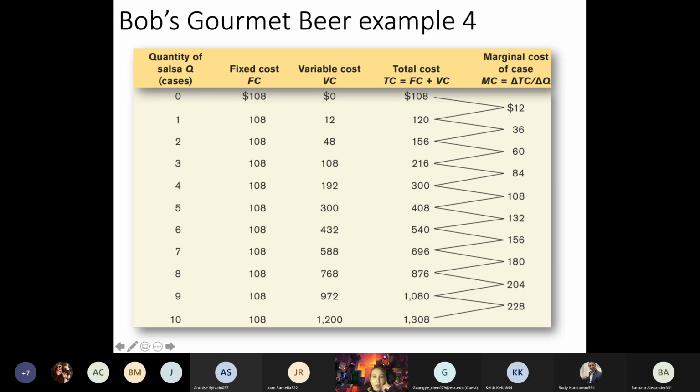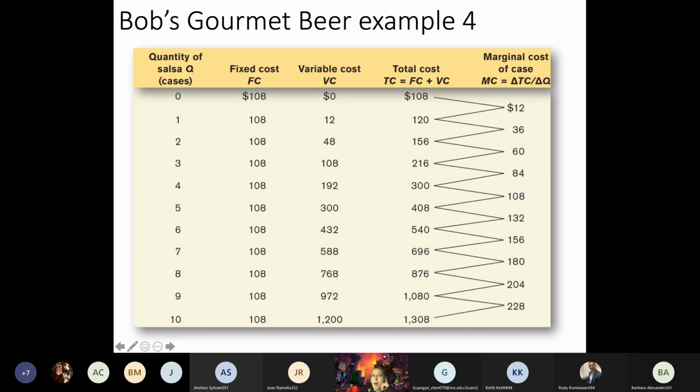So the fixed cost is 108. So before he even starts to produce any beer, he has to buy a little bit of machinery for his brewery. And then he has to buy some hops and all this other stuff that goes into making beer, and bottles and all that.